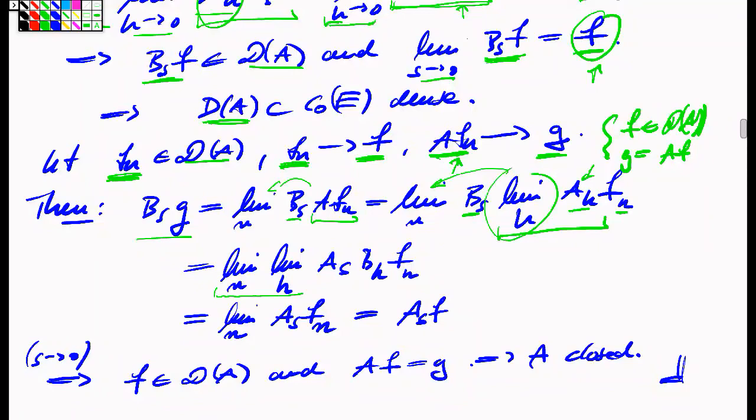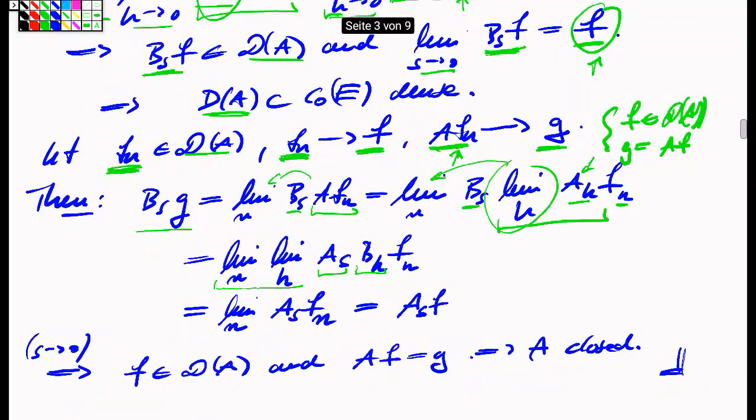But then again, I can use my commutation rules, and I can write the A_s first outside and inside the B_n, which is just this swap of parameters.